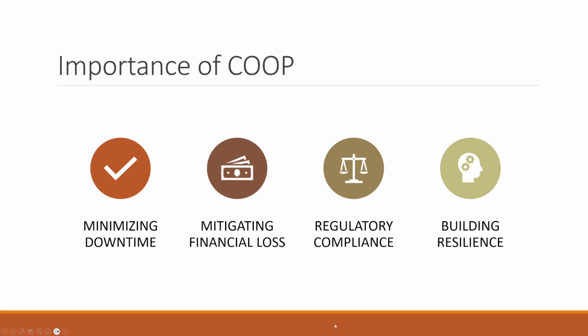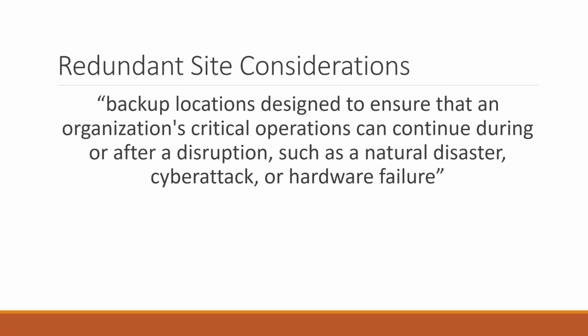We do want to minimize downtime, mitigate financial loss, and make sure we're staying in compliance, right? And then we're just definitely building in resilience. So that's the whole reason for COOP. We want to make sure business impact analyses are done, so our business continuity management will just keep improving upon it so we can recover from any incidents that happen within our network.